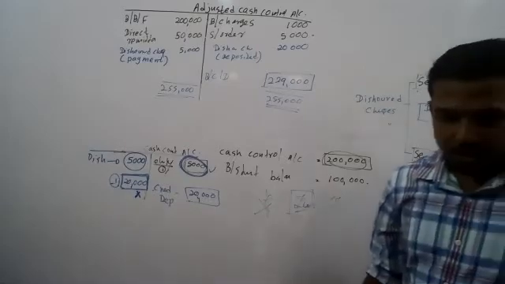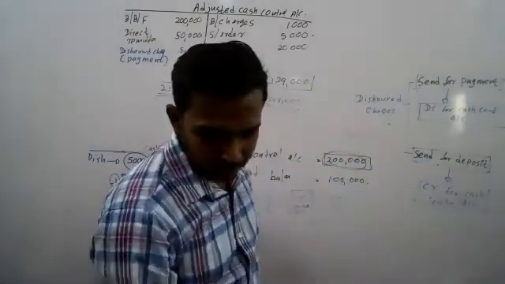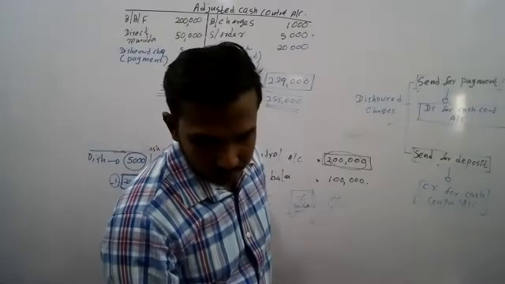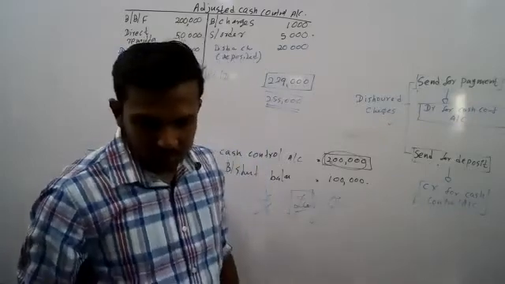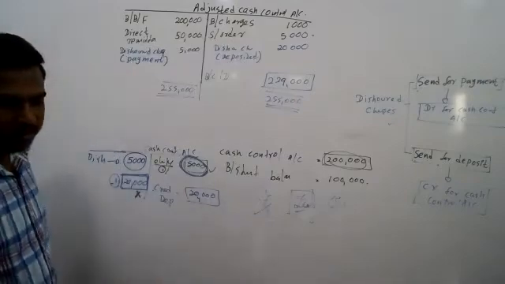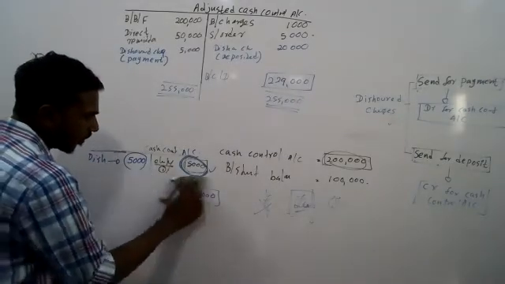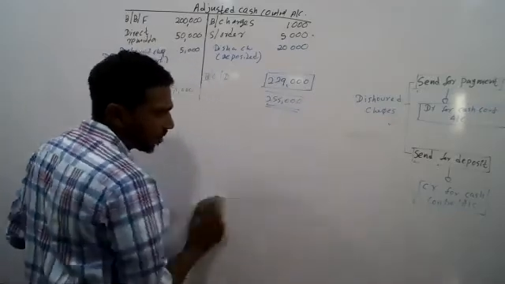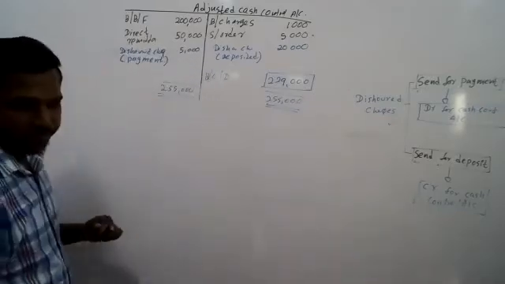Done? Any questions so far? No questions, right? So now this is the adjusted cash control account.